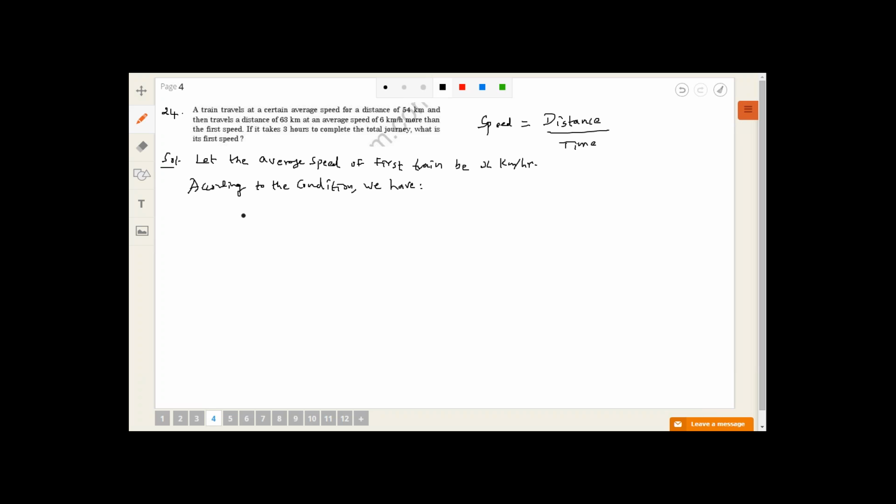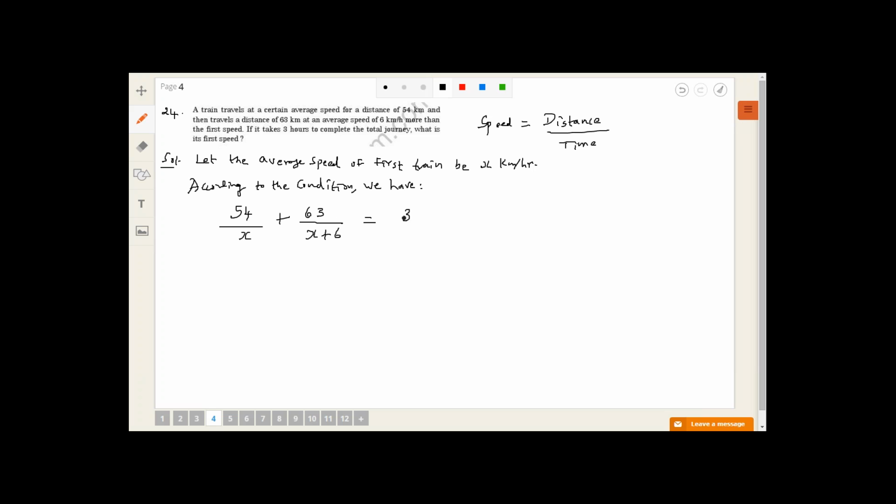So the first time taken will be 54 kilometers divided by x, which we have assumed and need to find, and for the second distance of 63 kilometers, the speed is 6 kilometers per hour more than the first speed. The first speed we have assumed as x, so this will be x plus 6.